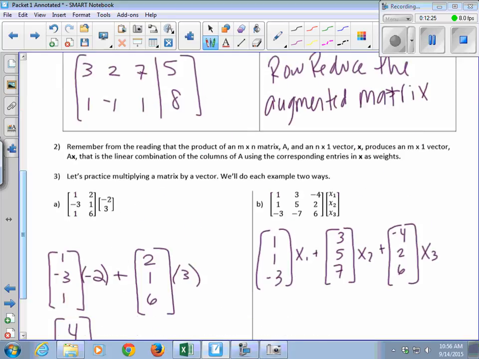It's a different system. Okay. So you can see how a matrix equation, where you have a matrix times a vector, is equivalent to a vector equation. I don't have an equal sign, but this would be like the left-hand side of a vector equation.